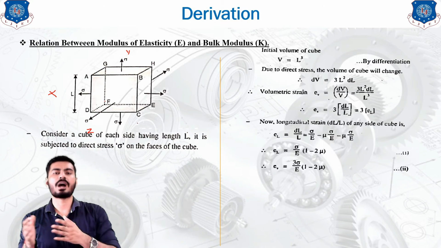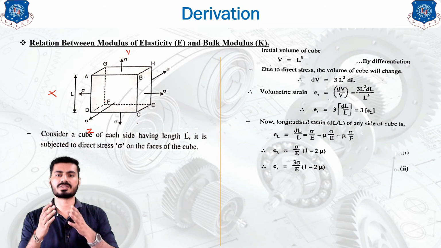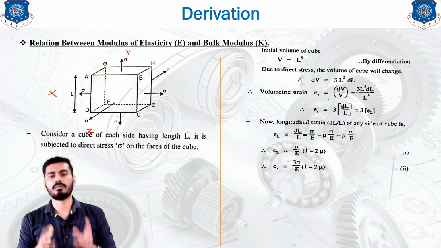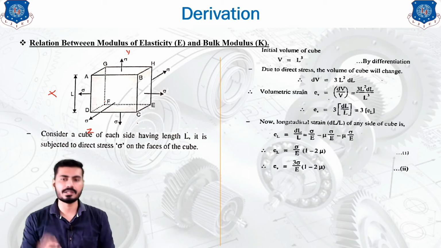Now, if you take sigma upon E as common, then epsilon L equals sigma upon E into 1 minus 2 mu. This is our basic equation of the longitudinal or linear strain.